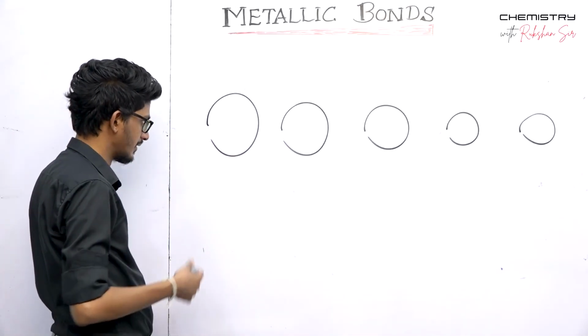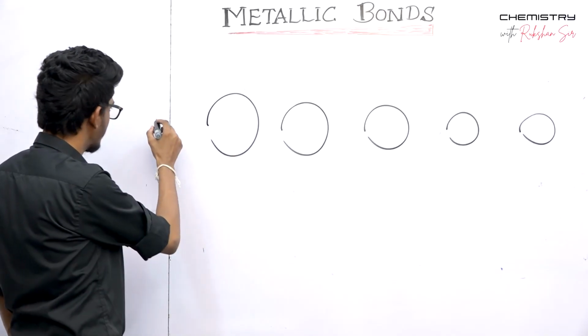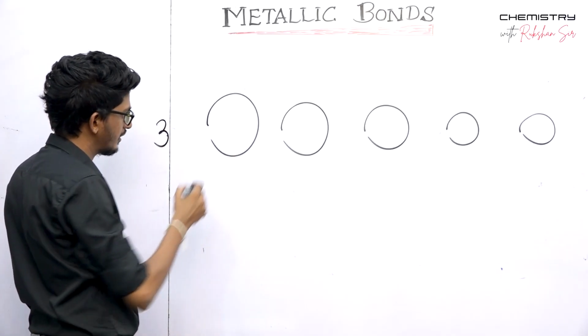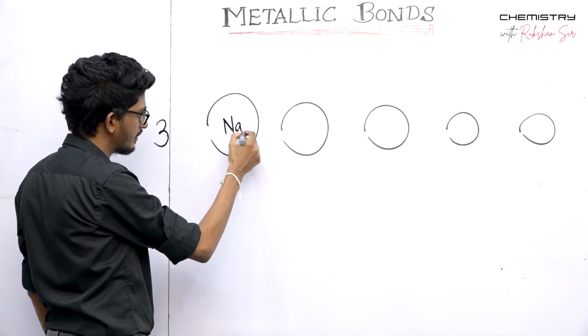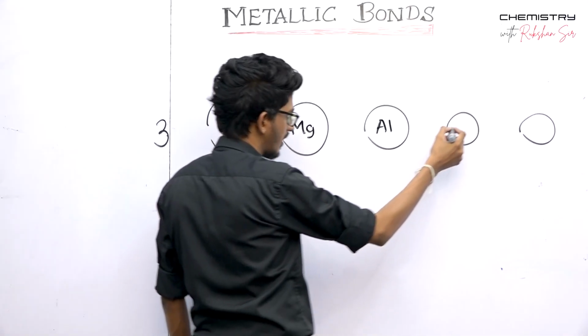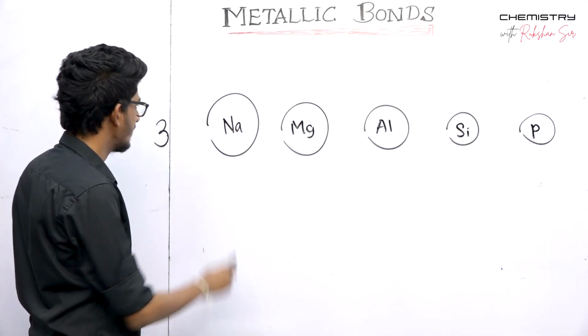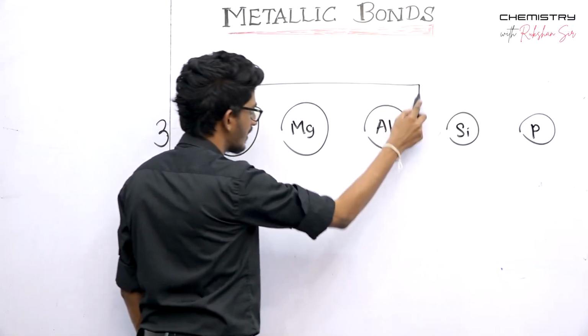If you think of an example, let's take the third period, the third row: sodium, magnesium, aluminium, silicon, phosphorus. That is how things vary. These are the metals in your third row.